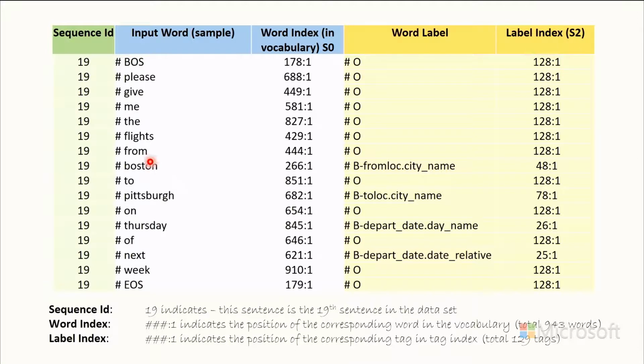So here Boston becomes beginning of a from location city name, and Pittsburgh becomes beginning of to location city name. Thursday is a departure date day name, and next week is a departure date relative time frame label.